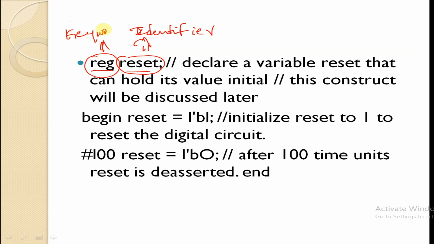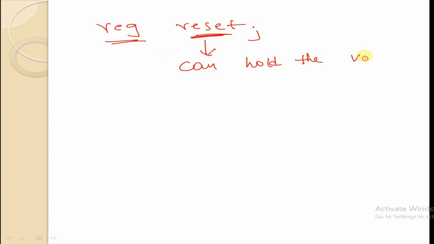If we want to declare a variable reset that can hold its value, sorry, there is a printing mistake here, I will write it here. So reg reset: if we declare an identifier as a reg, then reset will be of register data type. So reset can hold the values.